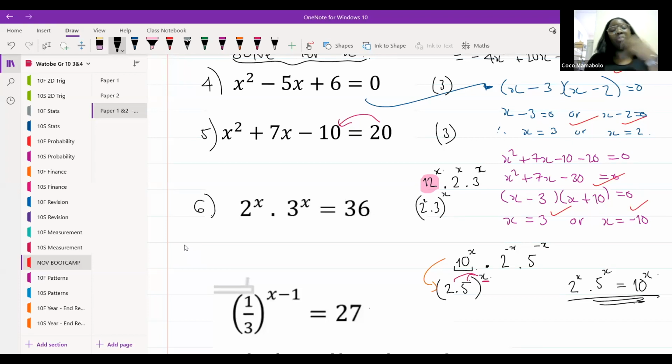Okay. Now, because they are all to the same exponent, what I can do then is I can take the numbers and I can multiply them together. So in this case, what they've given us, Keegan, is they've given us 2 squared times 3 to the power of x. What I'm going to do is take the thing in the middle and multiply it together, and all of it will be to the power of x.